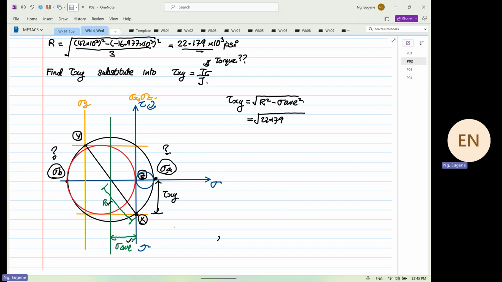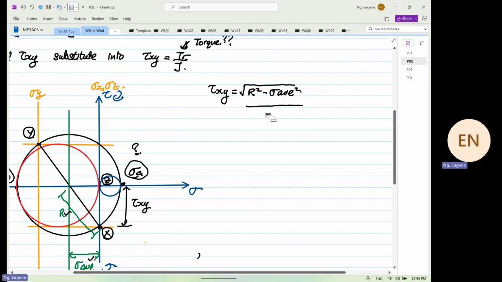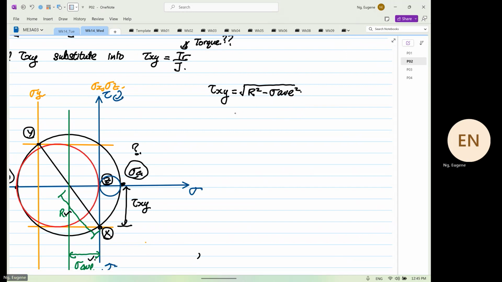So we know our R squared will be equal to 22.179 times 10 to the power 3 squared, minus the stress average, which is equal to 16.977.